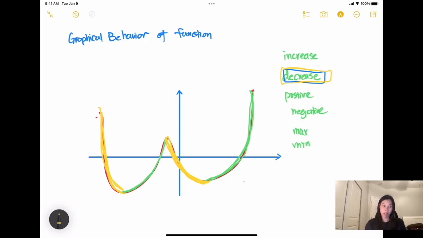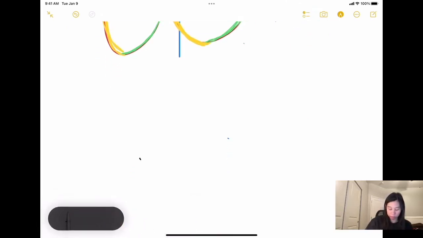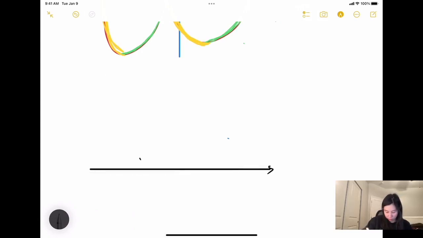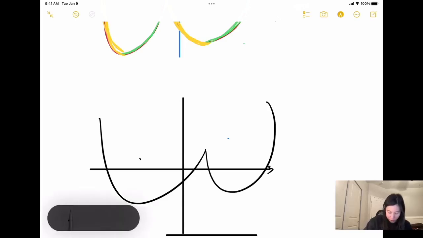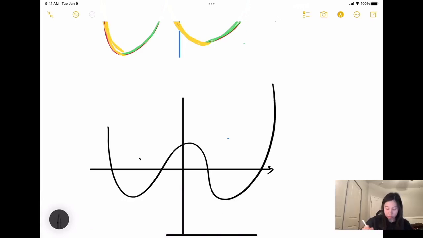So what about positive and negative? When it comes to positive and negative, I am going to draw another graph so it won't mess up. Let's use a black one, the same graph. Yes, this is a W. If it's positive, that means the graph is above the x-axis.